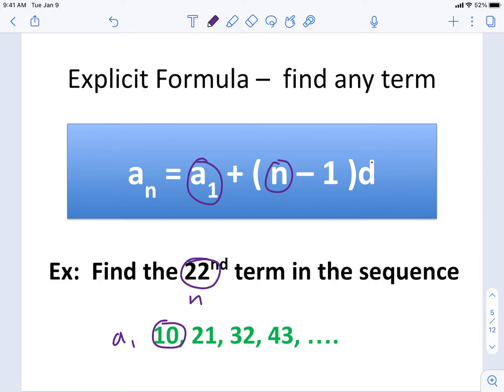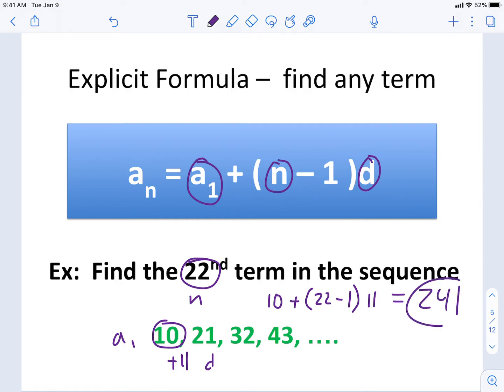And I need to know what the common difference is. Then I can plug this in. So what is the common difference? To get from 10 to 21 is plus 11, and that works for the rest of them as well. So that is our common difference. Now I can plug all those things in. So this is going to be 10 plus parenthesis 22 minus 1 times the common difference, which is 11. And if I plug all that in correctly, I should get 241.